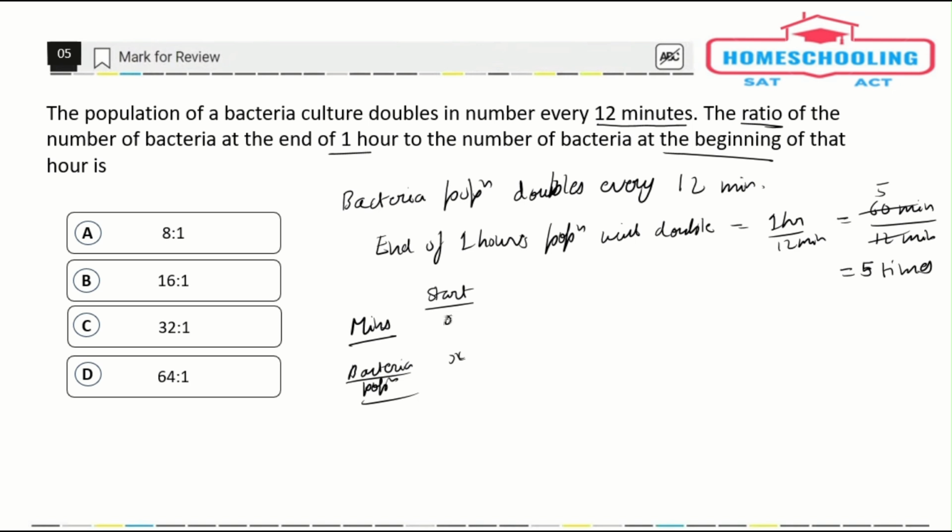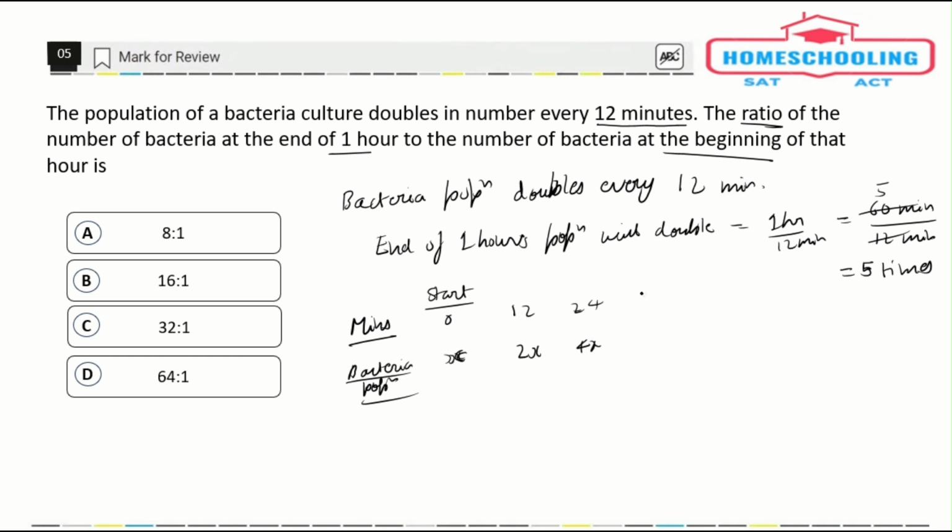So when it started, the time was 0 minutes and the population was X. When we move from 0 minutes to 12 minutes, the population will double, so it would be 2x. In the next 12 minutes, that is 24, the population doubles again. So from 2x it will be 4x.